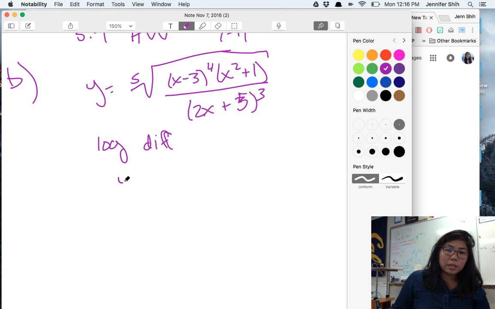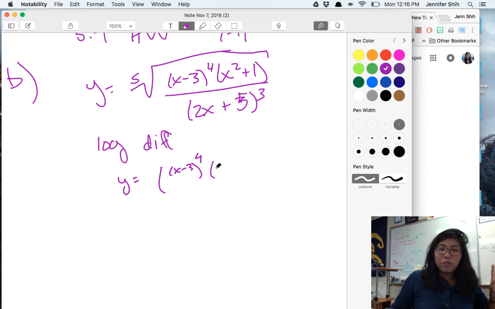But first, I almost always rewrite my radicals with a fraction exponent. I find that helpful for me. So x minus 3. So here's where the fractions start coming up, which may be difficult to keep track of if you aren't sure where they come from.